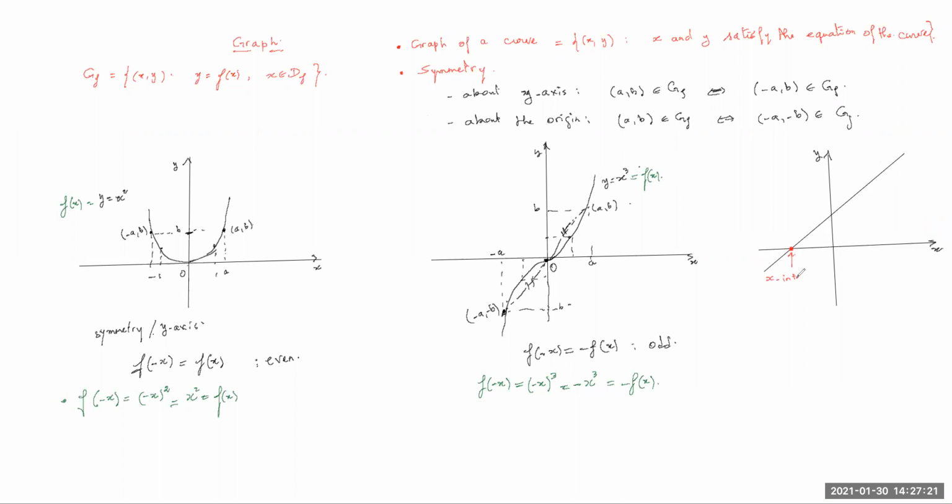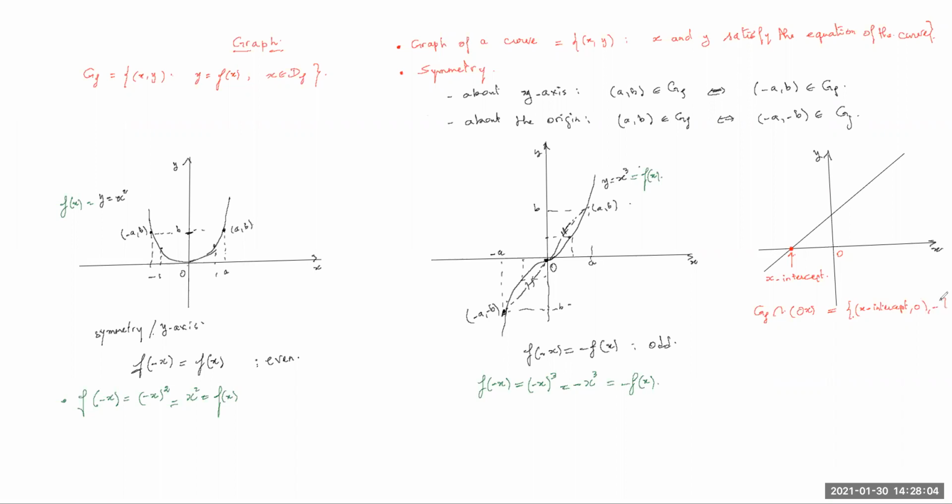So if your graph intersects the x-axis, it gives you the x-intercept, with y equal to 0. For this particular graph you have just 1 point, but sometimes you can get 2 points.